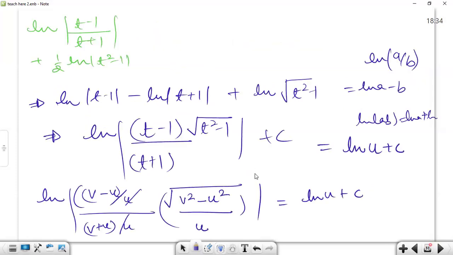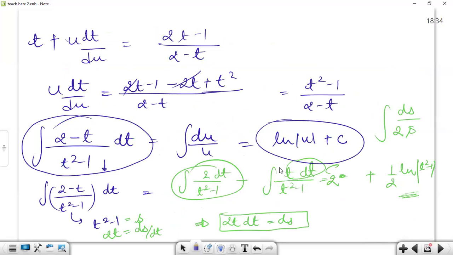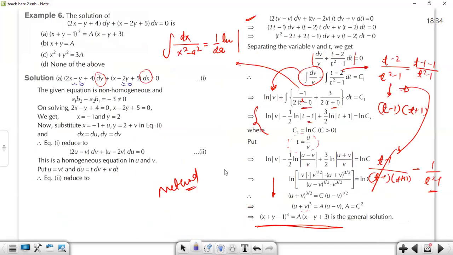Now let's try to match the option. Which option should be correct? What is A here? A should be the constant of integration, and we were considering it as C. So we will also write A as the constant of integration.